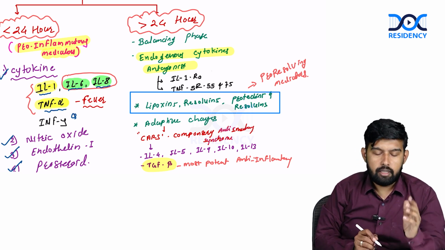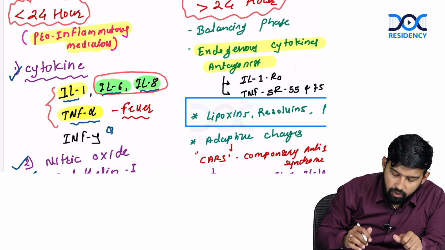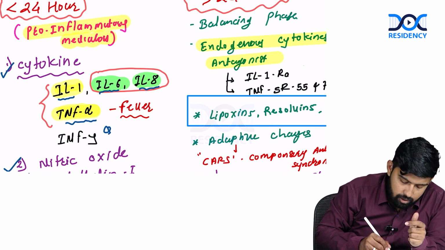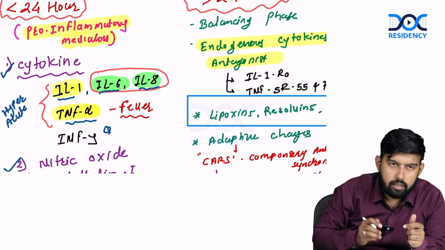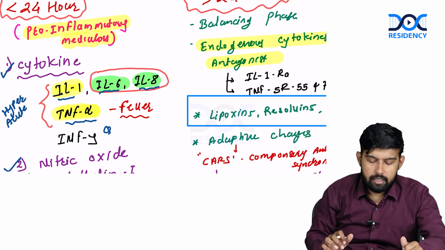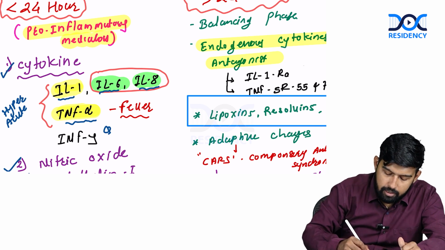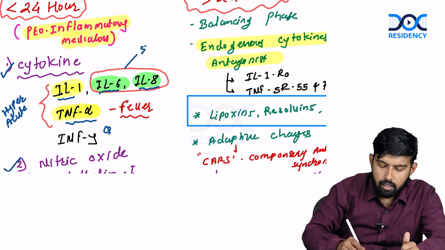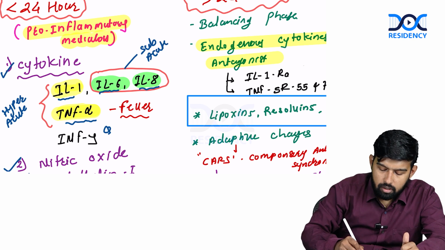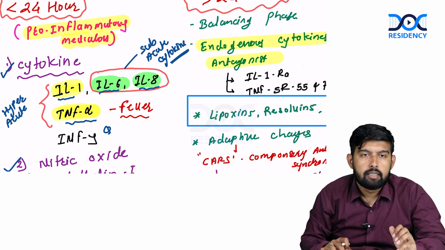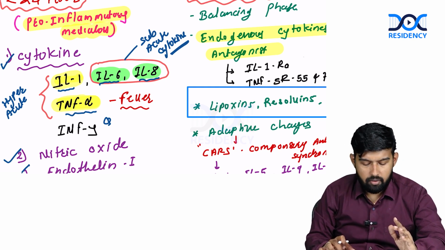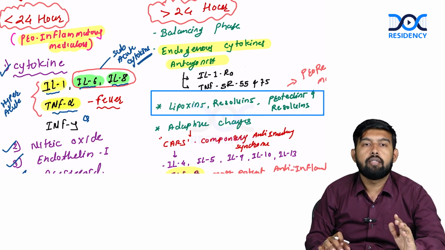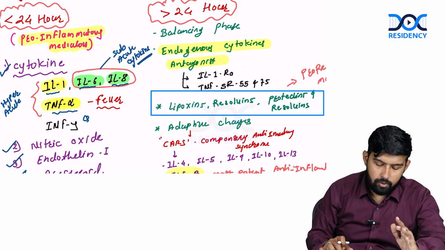Out of these, TNF alpha and interleukin 1 are the hyperacute inflammatory cytokines, and interleukin 6 and interleukin 8 are subacute cytokines. So just remember the hyperacute cytokines are interleukin 1 and TNF alpha, and the subacute are interleukin 6 and interleukin 8.